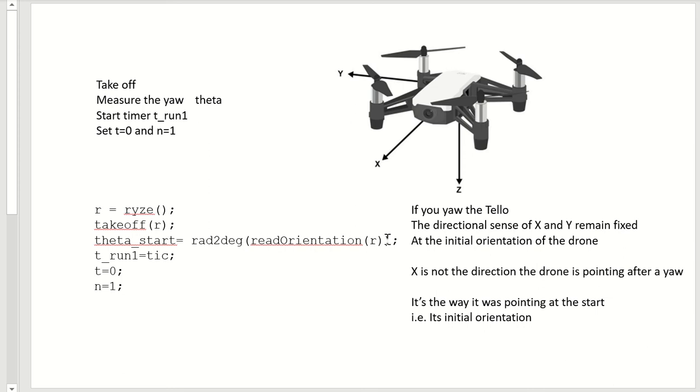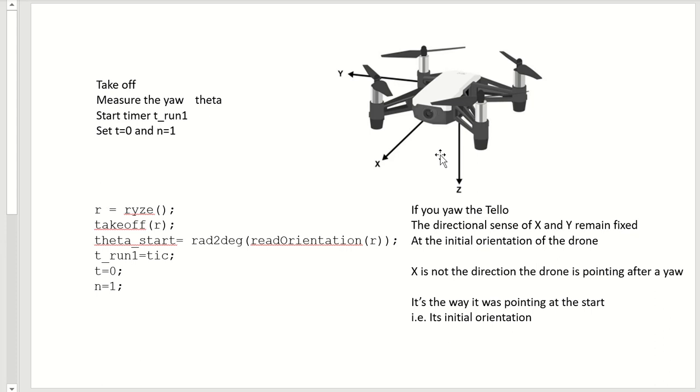Now r comes back as 3 values. You've got the orientation in x, y, and orientation in z, if you like, which is like the yawing. It's got the pitching, which is the orientation in y, and it's got the rolling, which is the orientation in x.